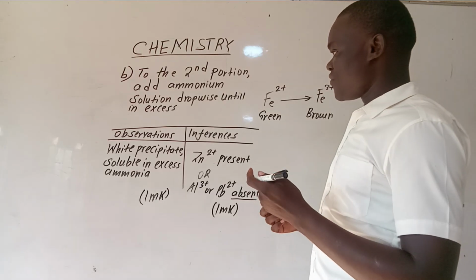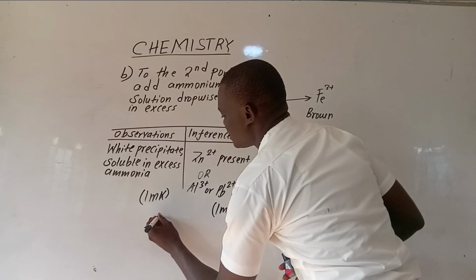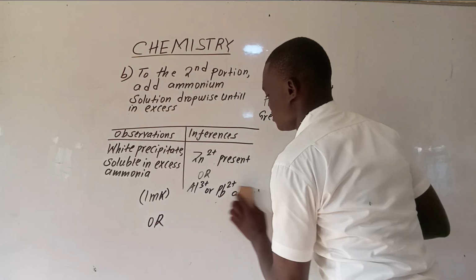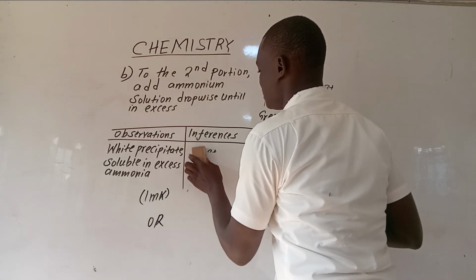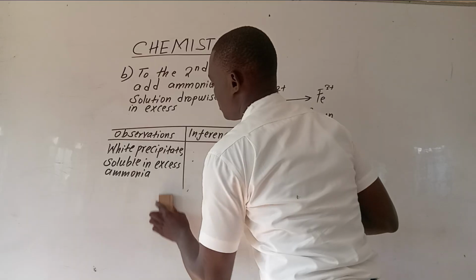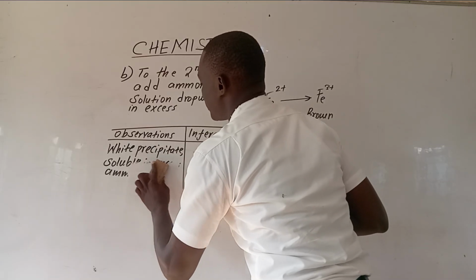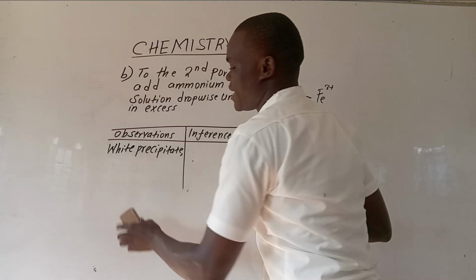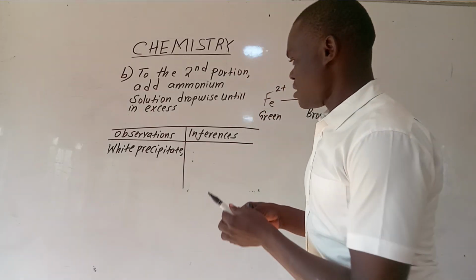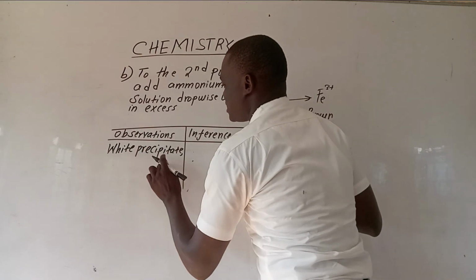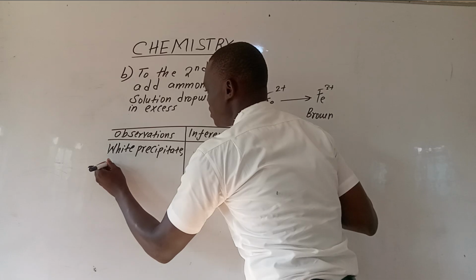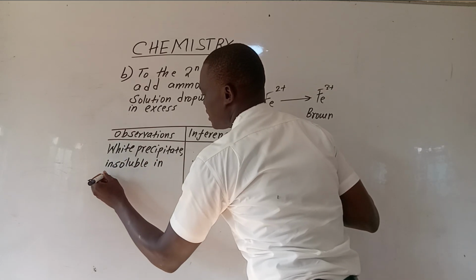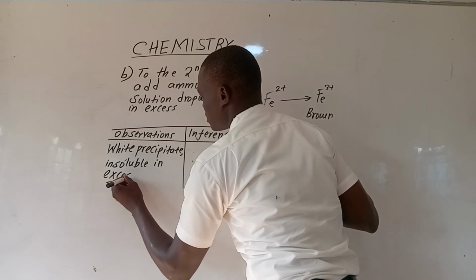So if we find that the white precipitate becomes insoluble in excess ammonia, like this: white precipitate, comma, insoluble in excess ammonia.